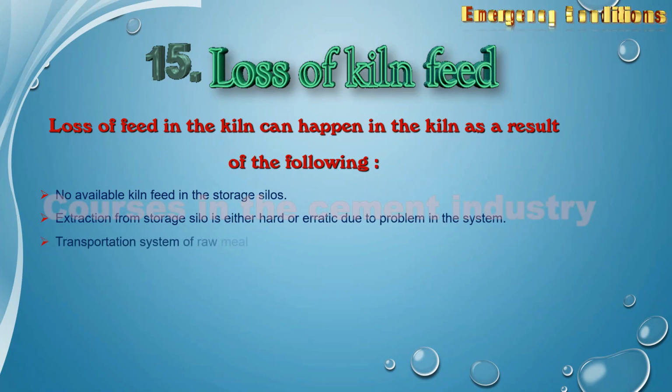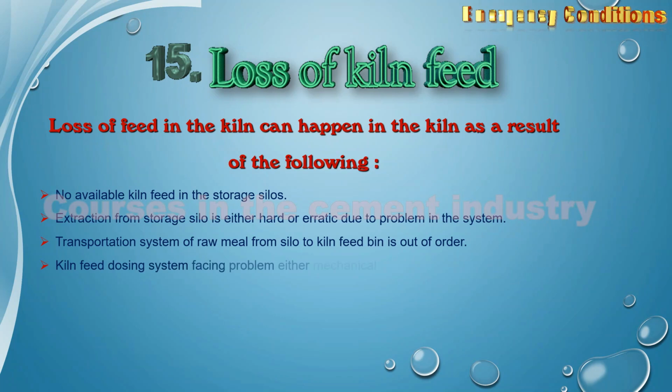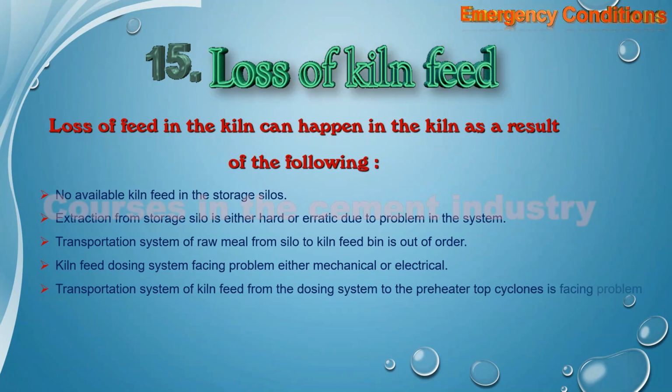The transportation system of raw meal from silo to kiln feed bin is out of order. 4. The kiln feed dosing system is facing a problem, either mechanical or electrical. 5. The transportation system of kiln feed from the dosing system to the preheater top cyclones is facing a problem.